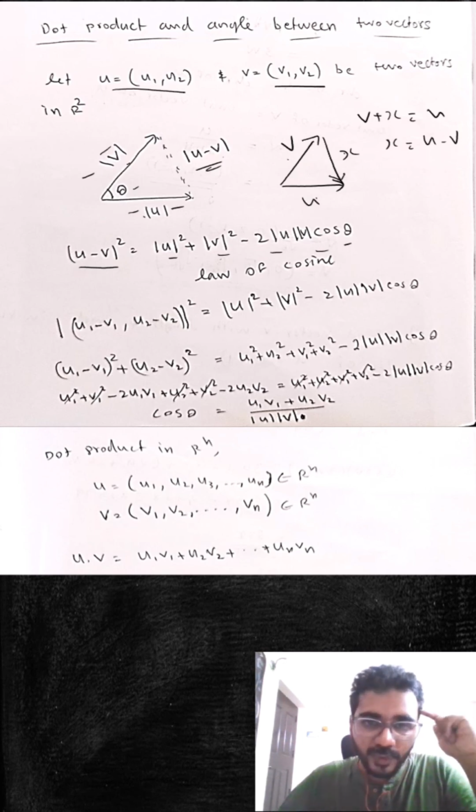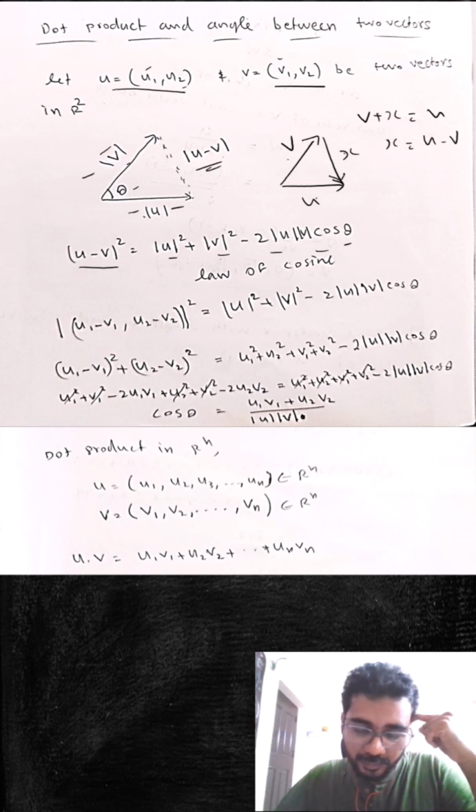Now calculate u minus v. U minus v is u1 minus v1 and u2 minus v2. This is the u minus v. Apply the distance, calculate the length and squared value here, which is equal to u square plus v square minus 2uv cos theta.